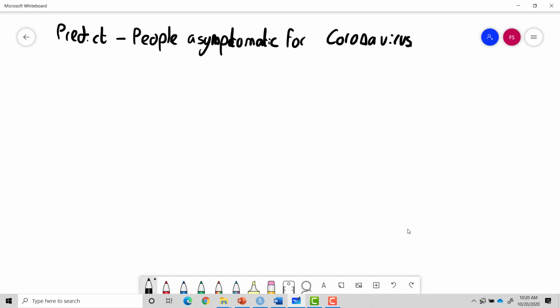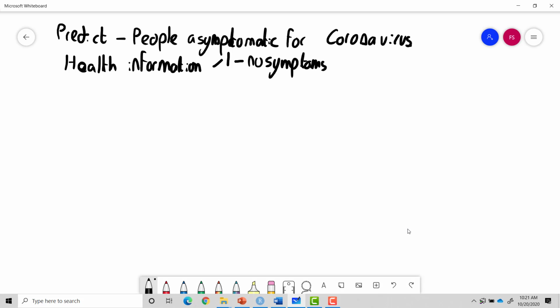So we have a sample of people, and we have some health information. All of these people have had the coronavirus through antibody testing, but we'll have a 1 if asymptomatic, or no symptoms, and 0 if we have symptoms. It seems like the wrong way round, but we're testing for asymptomatic.